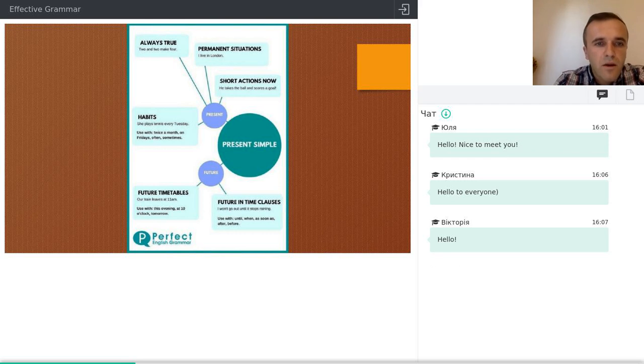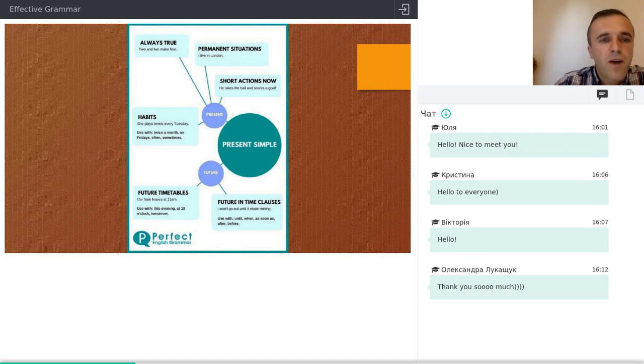And why is this addition good? Because it provides you some markers that are not in other additions. So here is, for example, future timetables. Yes, and if you want to use the present simple with these markers, you can see that use with this evening, at 10 o'clock, tomorrow.